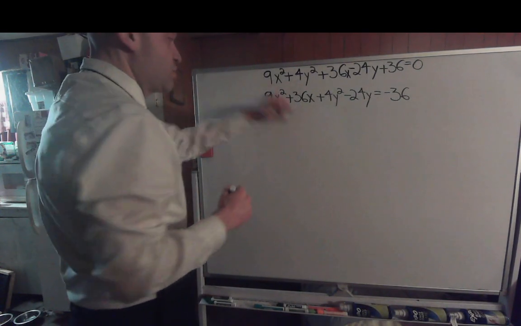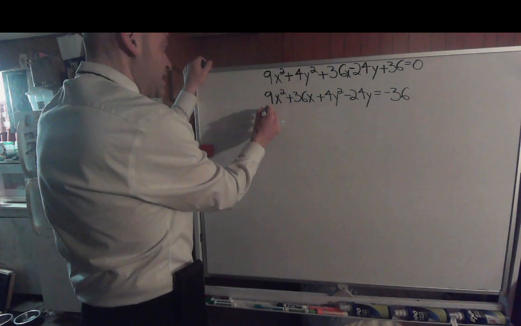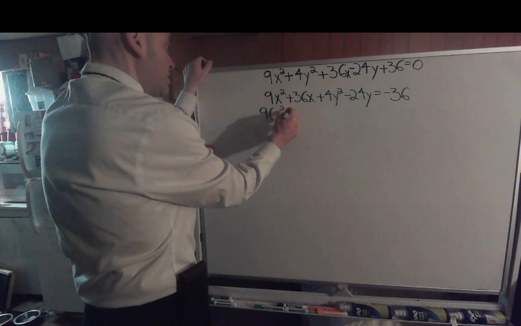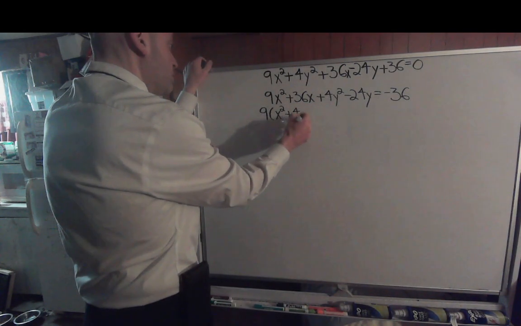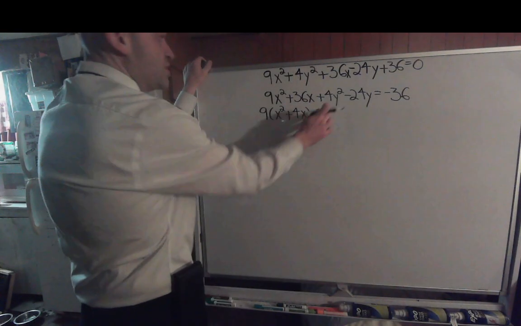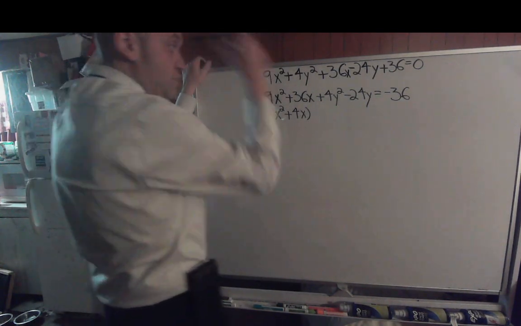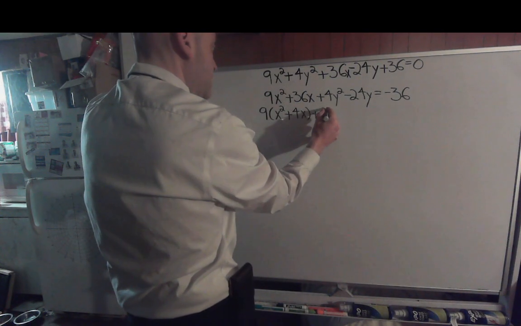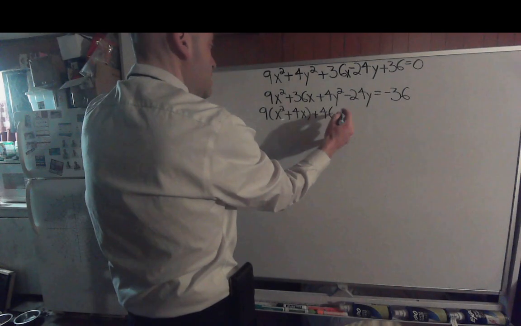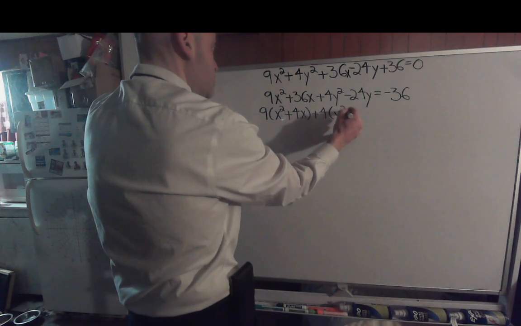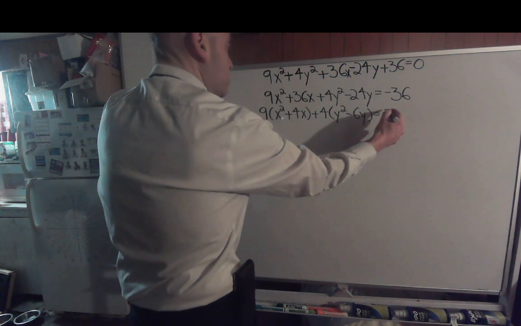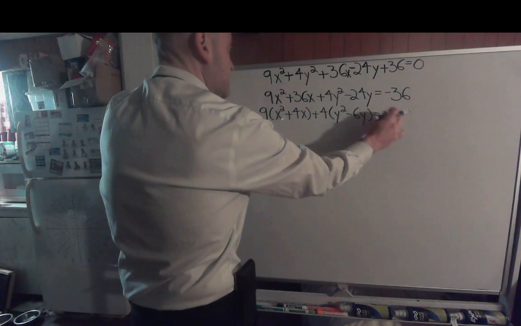So 9x squared and 36x, you have a common 9 that'll factor out. So that'll be 9 times x squared plus 4x. Plus with your y squared, 4y squared and minus 24y, you have a common 4 that'll factor out. So plus 4 times y squared minus 6y is equal to negative 36.